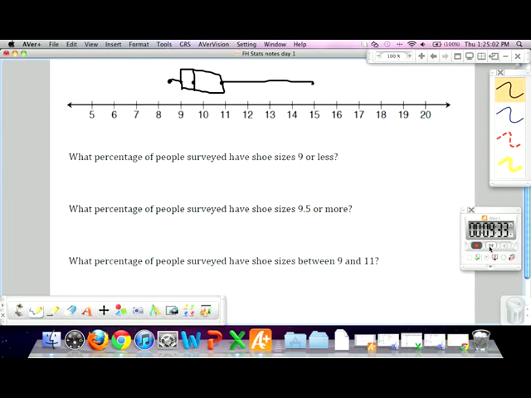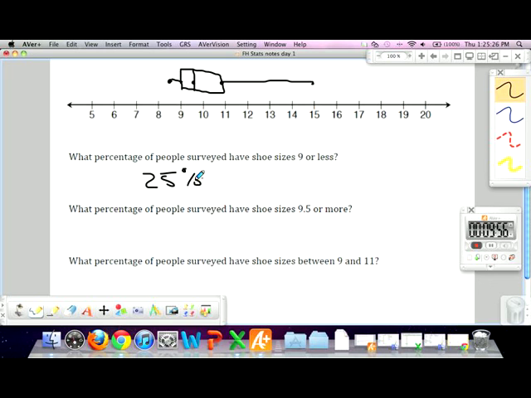So you should have the percentage of people with 9 or less. Let's look at our box and whisker chart. Here's 9, and 9 or less is this way. How many chunks are 9 or less? 1. So what percent of people in the survey are 9 or less? 25%. What percentage of people surveyed are 9.5 or more? Here's 9.5.